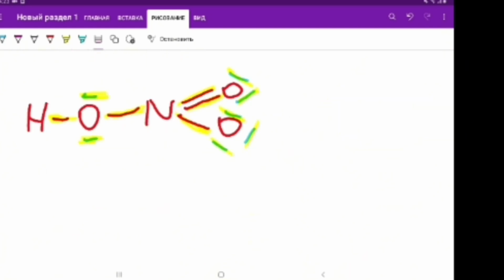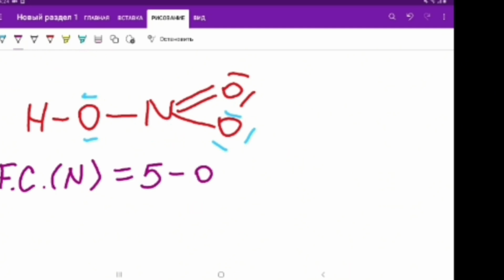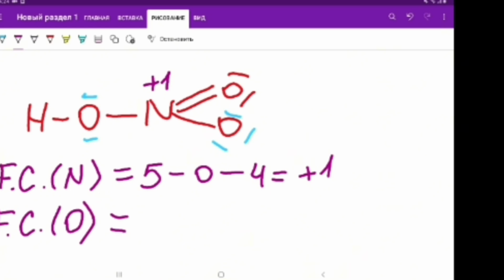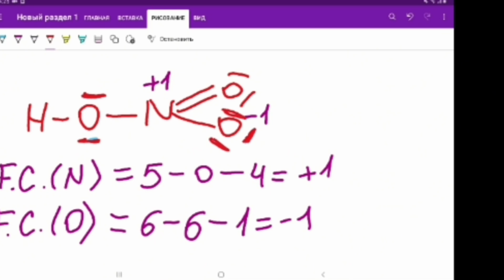I will count only the formal charge for nitrogen and for oxygen. So these are formal charges.